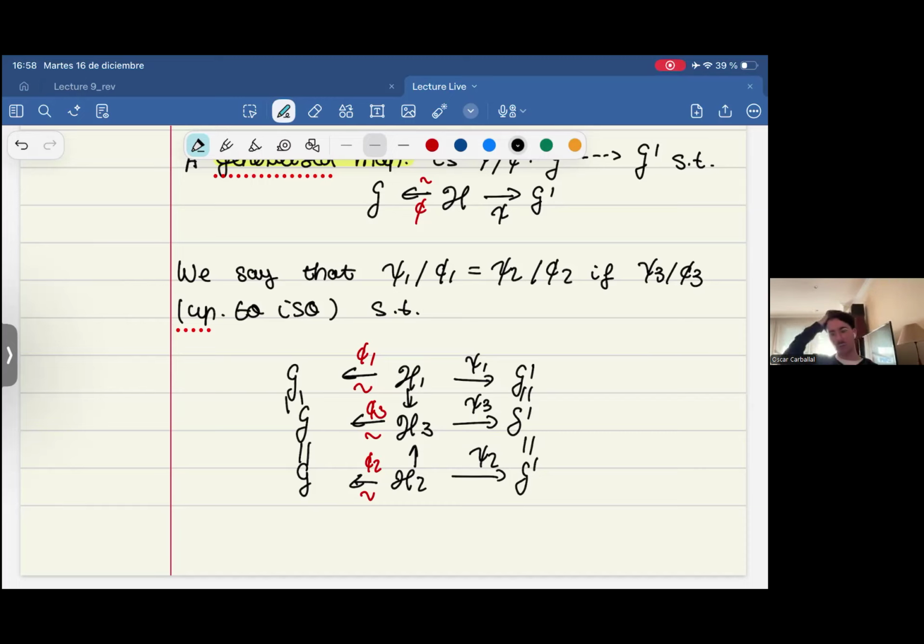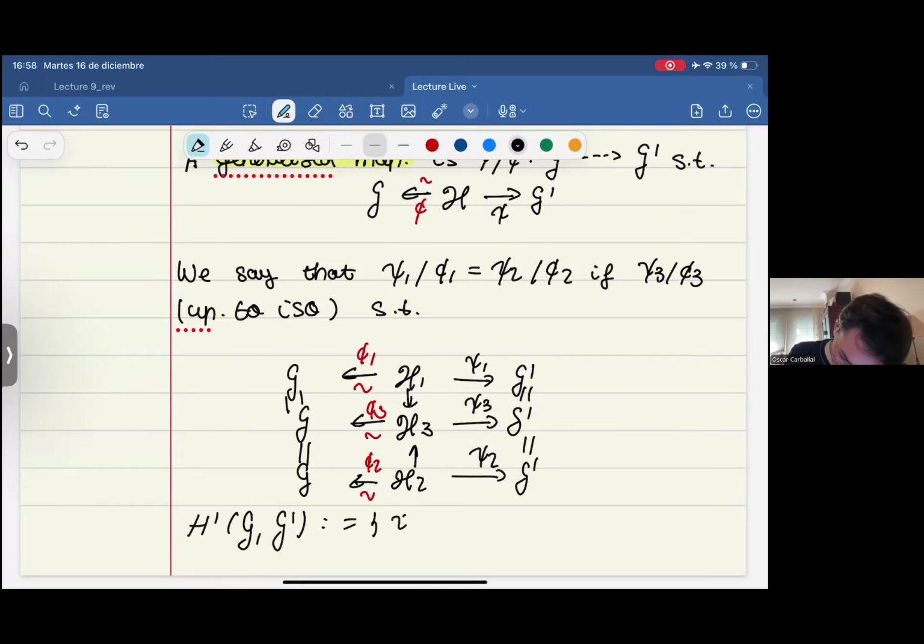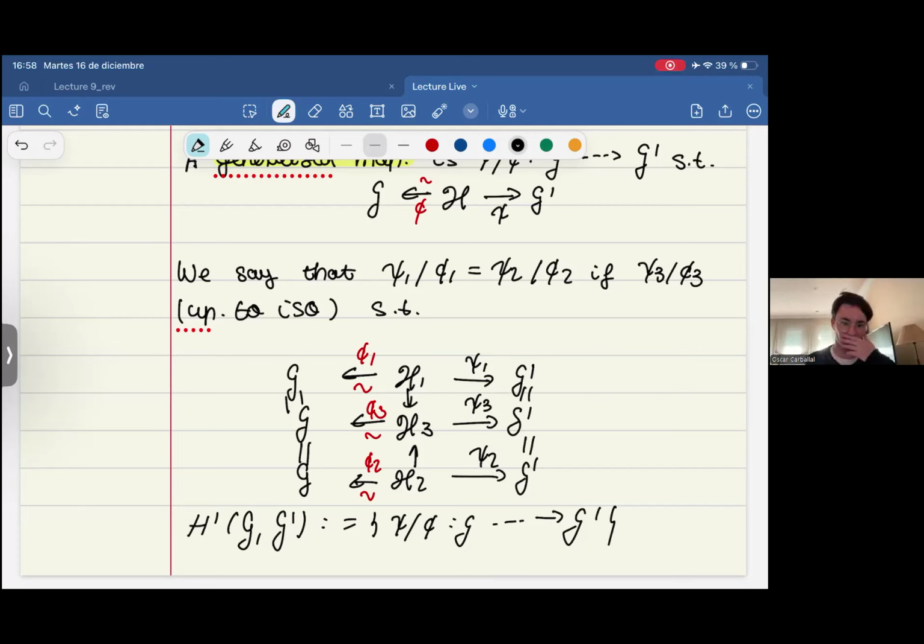So we say that two generalized maps are equal if they are connected by another generalized map up to isomorphism. And precisely the set of generalized maps between two Lie groupoids is denoted in this way. This is the set of generalized maps, right?